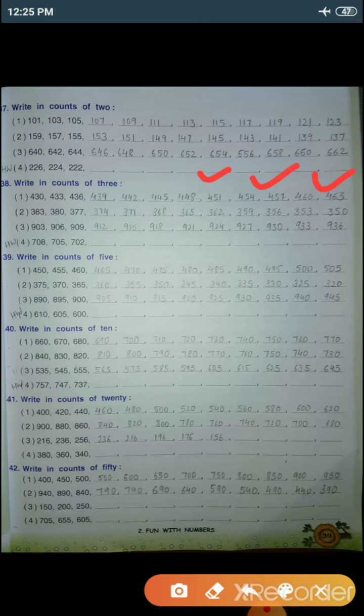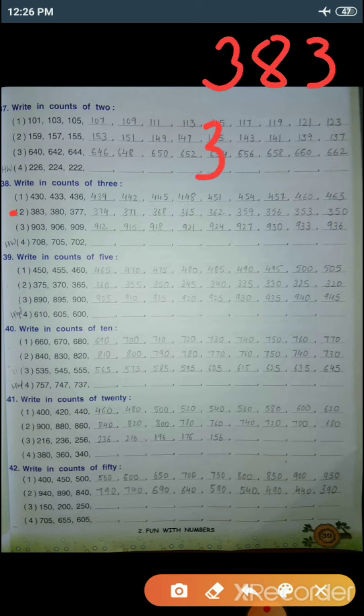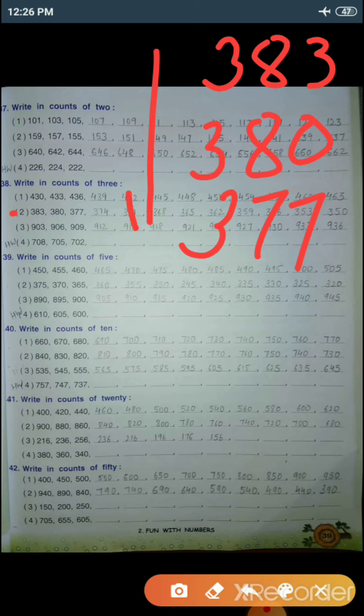So with the help of adding 3 in the number, you are going to get the next numbers. Is it easy? Yes. Now number 2, 383, 380, 377. You can see the pattern is decreasing. Okay, now what do you mean by decreasing? They just subtracted 3 from each number.